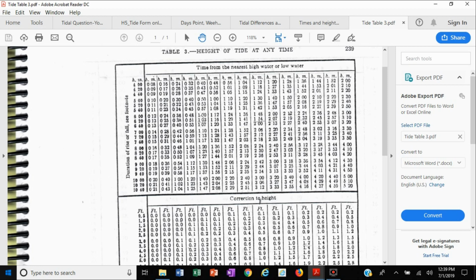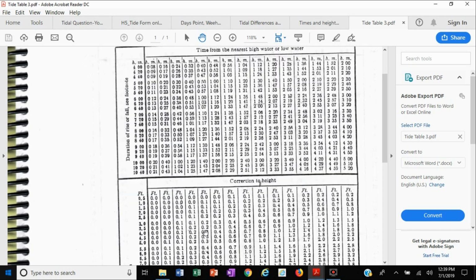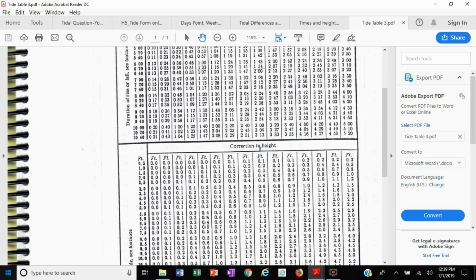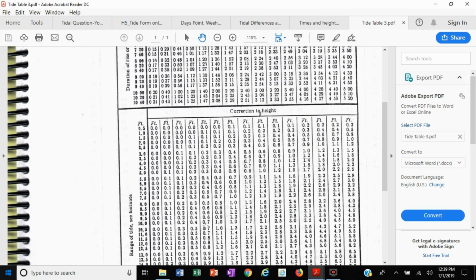So once you get that, then you take that column and you come down to this correction to height. Now it wants to know what is the range of the tide. What was the range of our tide? It was 6 feet 1 inch, or 6.1, right?